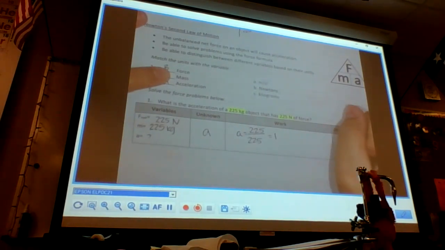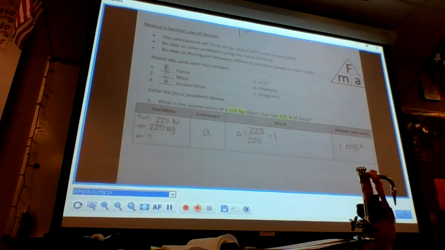And our unit for acceleration is meters per second squared. Okay, make sure on your test tomorrow you don't forget a unit. Know that acceleration's unit is meters per second squared.